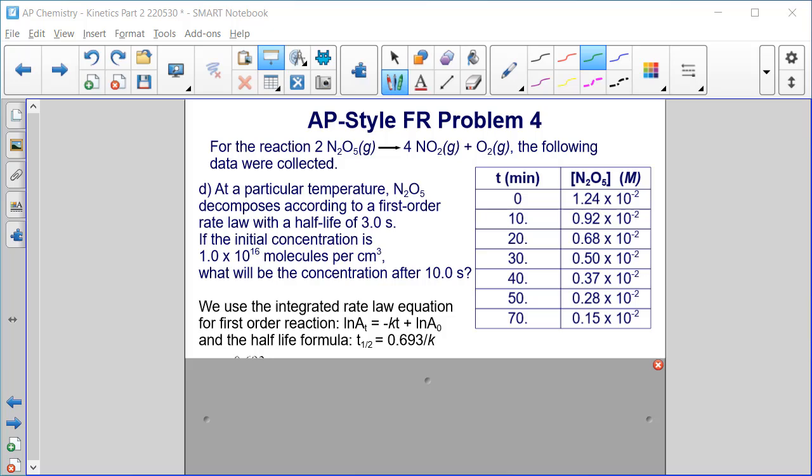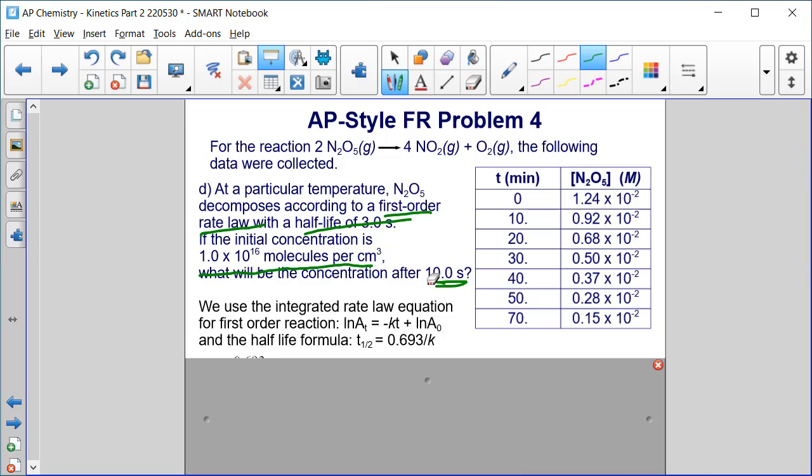Part D. At a particular temperature, N2O5 decomposes according to a first-order rate law with a half-life of 3 seconds. If the initial concentration is 1 times 10 to the positive 16 molecules per centimeter cubed, what will be the concentration after 10 seconds?